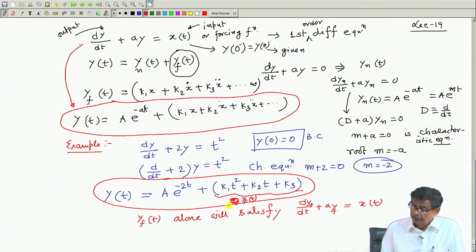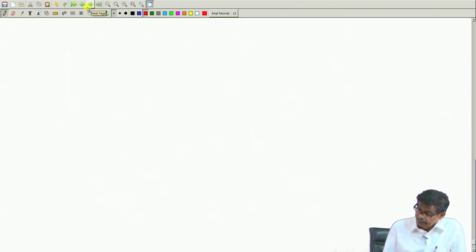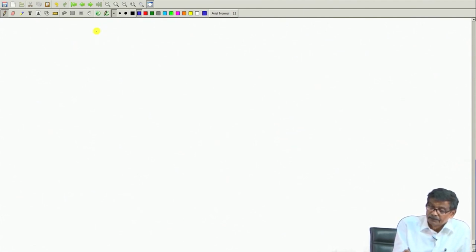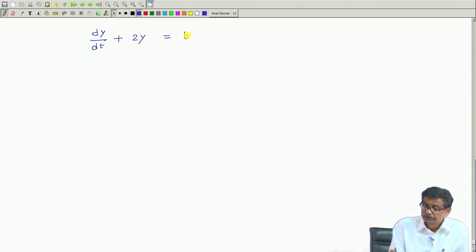So, I will put it here in the differential equation. The differential equation was dy/dt + 2y = t square in this case.